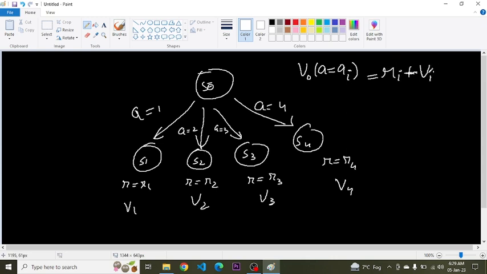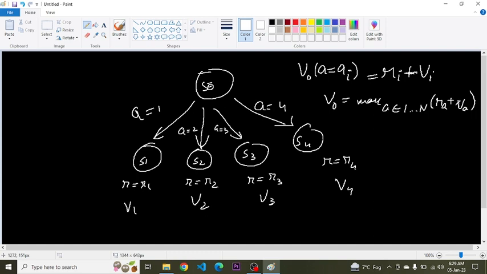Okay. And so to choose the best possible action, the agent needs to calculate the resulting values for every action and choose the maximum possible outcome. So in other words, it could be written as follows.